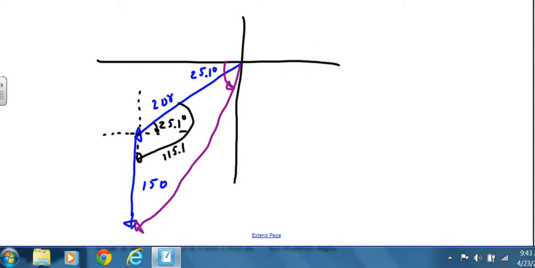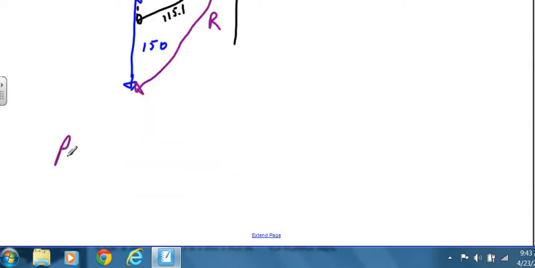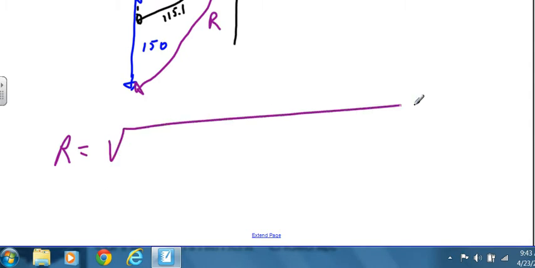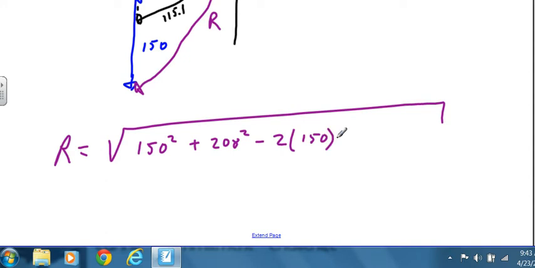Now I'm solving for a new r. That new r, using the law of cosines again, is the square root of 150 squared plus 208 squared minus 2 times 150 times 208 times the cosine of 115.1 degrees.